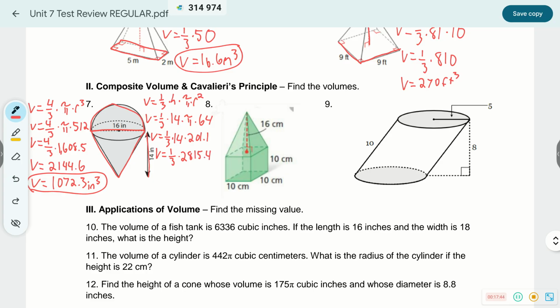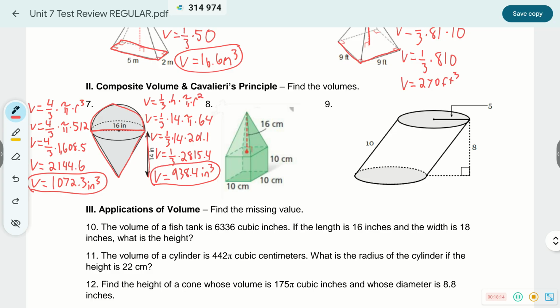Okay. And then we just divide this by 3, or multiply it by 1/3. 1/3 times 2,815.4 is 938.4 inches cubed. Okay, so this is the volume of the cone.